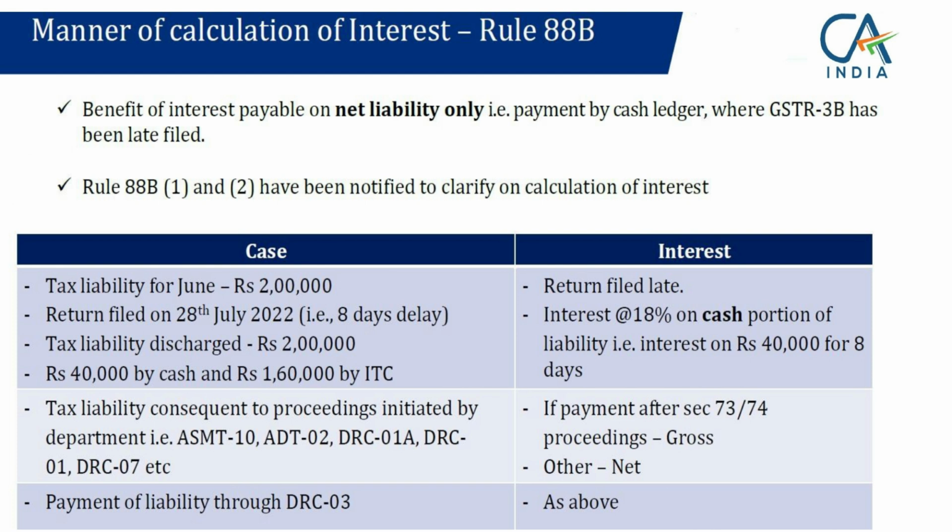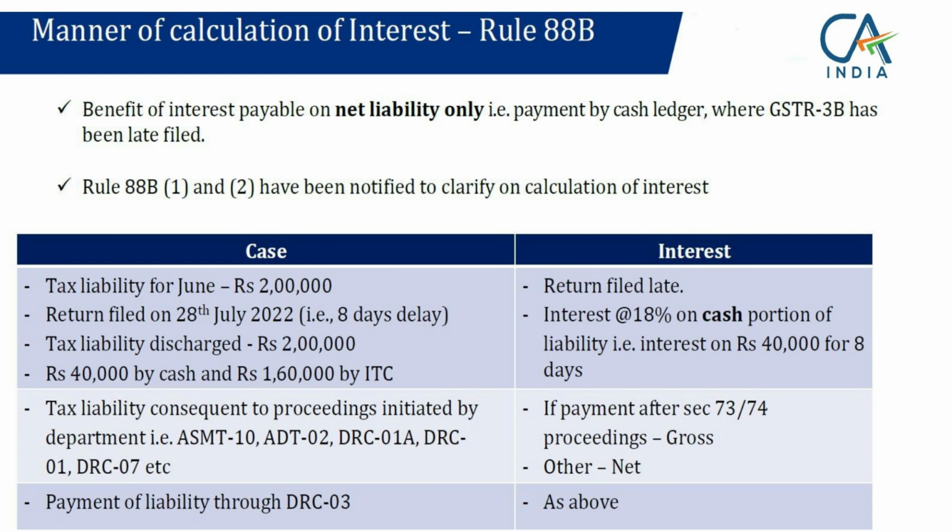Rule 88B says once your adjudication proceedings have begun under section 73 or 74, and if the return has not been filed earlier and has been filed after the adjudication proceedings have begun, then I will not give you that benefit. You hold the government's money for 1-2 years and then we will still give you the benefit? No benefit. Please pay on gross tax liability.